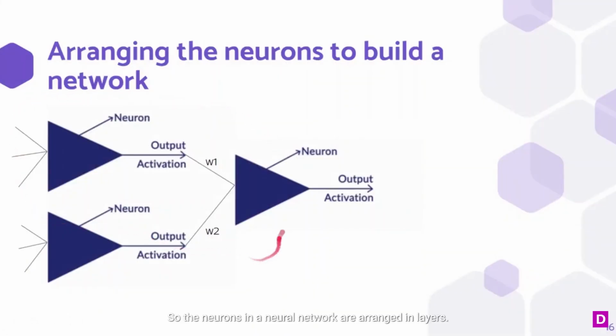The first and the last layers are called the input and output layers. For the specific example I am demonstrating, we can take this as the input layer and this as the output layer. The input layer consists of two perceptrons and the output layer consists of one perceptron.